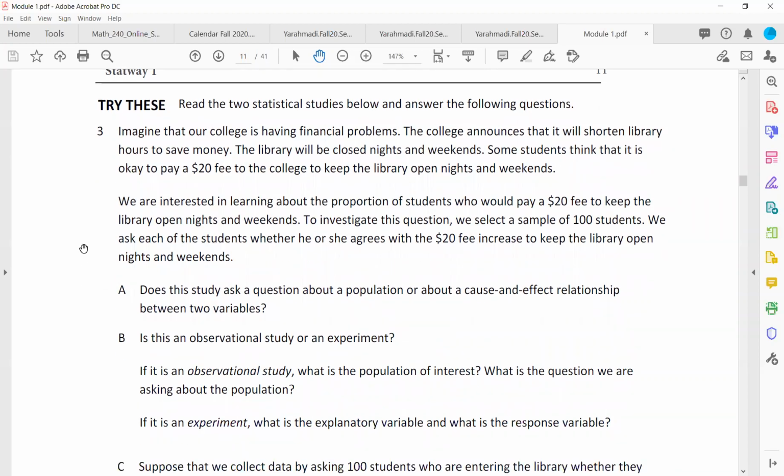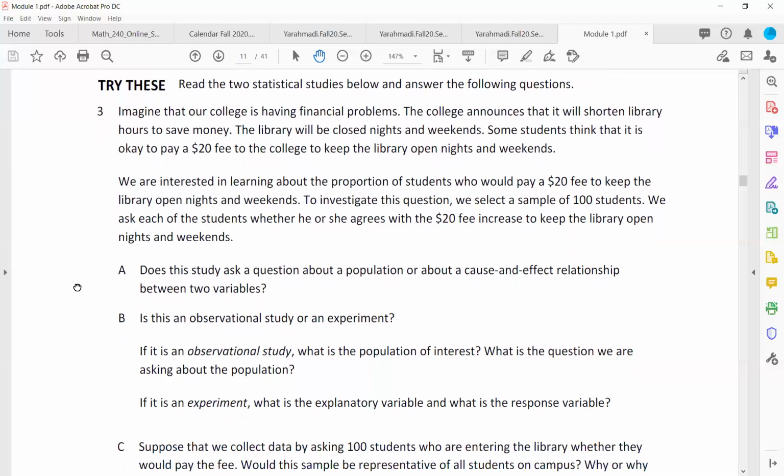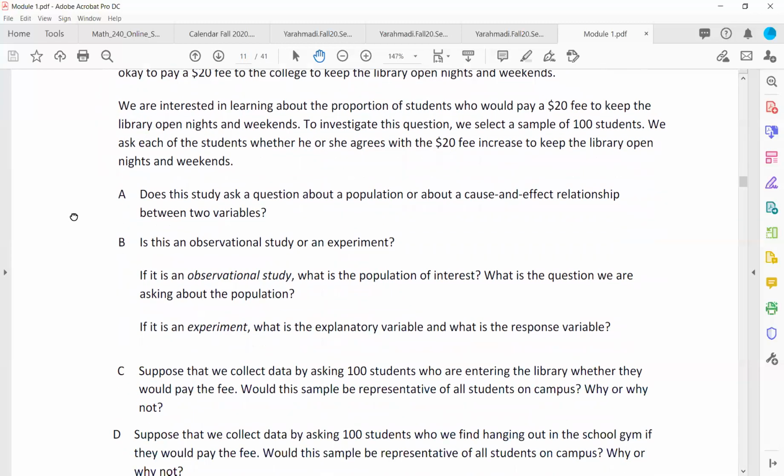We are interested in learning about the proportion of students who would pay a $20 fee to keep the library open nights and weekends. To investigate this question, we select a sample of 100 students. We ask each of the students whether he or she agrees with the $20 fee increase to keep the library open nights and weekends. Very well.